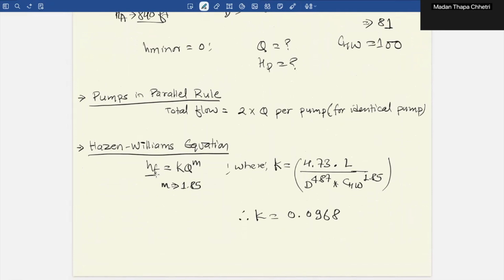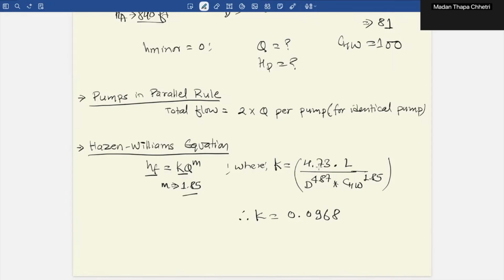So for computing head loss caused by friction, we will be using the same formula, K times Q to the power M, but the value of M will be changed, which is equal to 1.85. You may get confused on this, so take note. K is computed differently by using the Hazen-Williams equation.